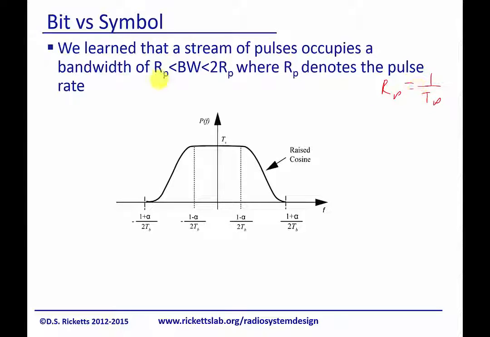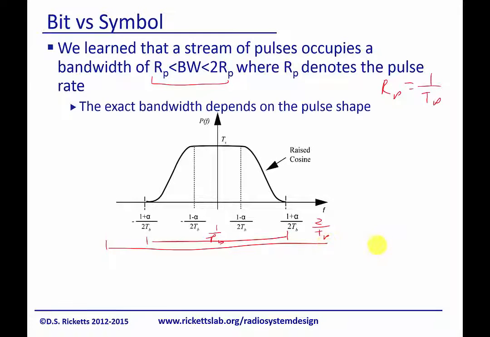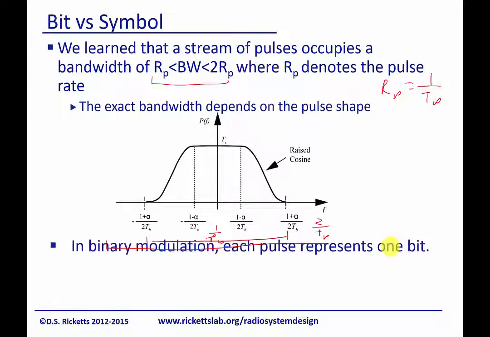If you're wondering why it's in between, if you look at this, if alpha is 0, this is simply 1 over TP. And if alpha is 1, then this would be 2 over TP. So that's what we're looking at, somewhere between 1 and 2 over TP, and it depends upon the pulse shape.